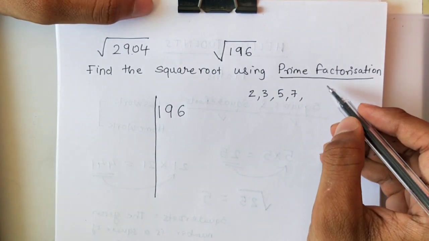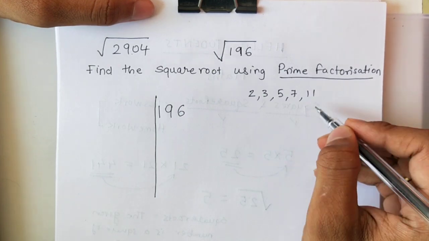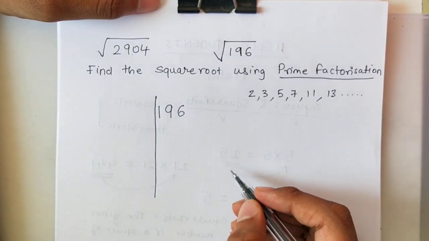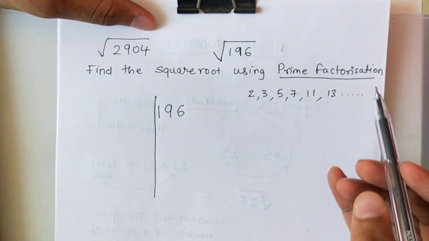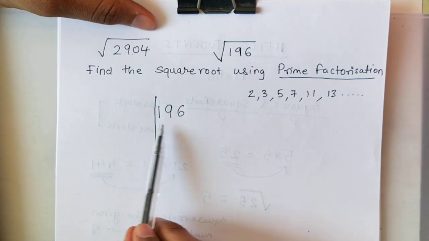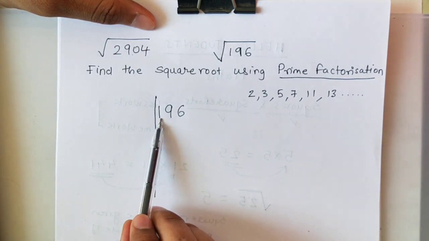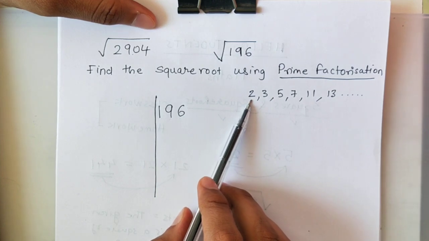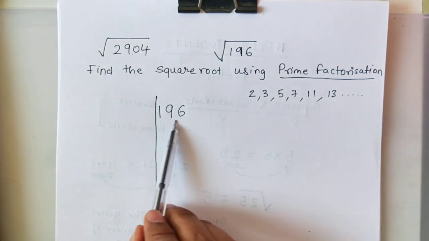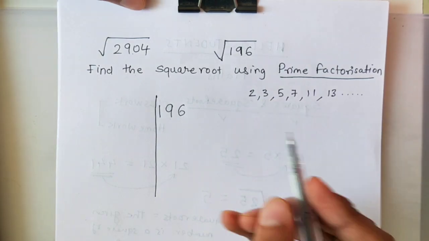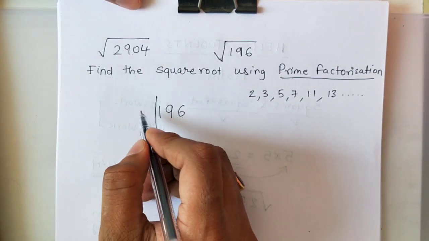After 7, 8, 9, 10 are not prime numbers. 11 is a prime number. Then 13 is a prime number, and so on. So first you should try with 2. Can you tell me if 196 is divisible by 2? Yes, it is divisible by 2. Why? Because 196 is an even number. All even numbers are divisible by 2. So first I'll take the number 2.